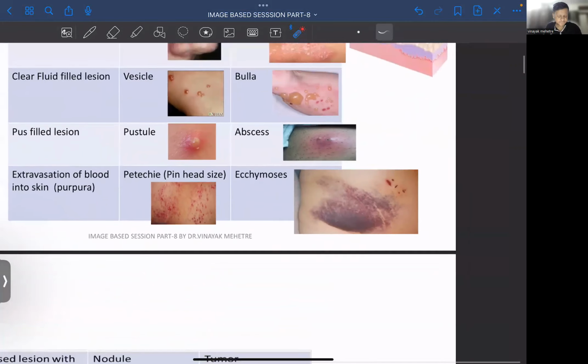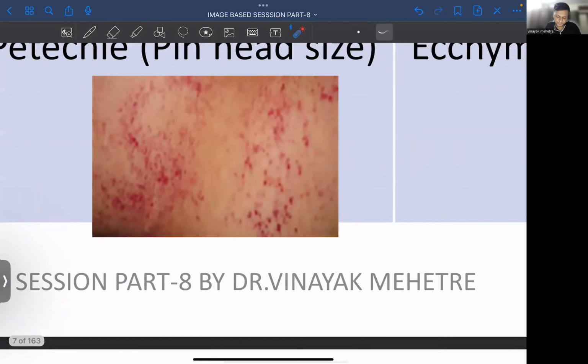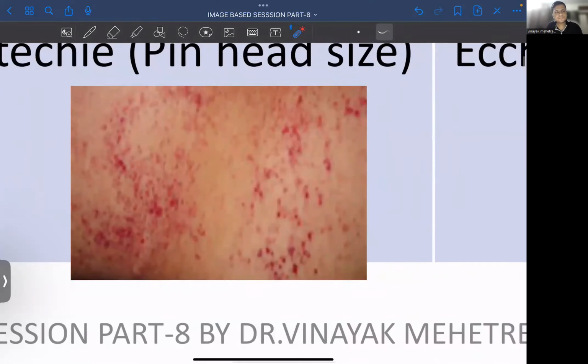Then comes extravasation of blood into the skin. अब छोटे छोटे एक्सट्रावेजेशन हुआ है, राइट? इंजरी हो गई, उसके बाद वहां पे डॉट डॉट्स दिख रहे रेड कलर के, राइट?